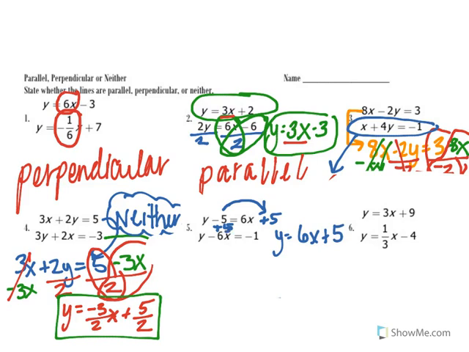And the second equation, all I'm going to do is add 6x. And my equation is going to be y equals 6x minus 1. And then I just compare these two slopes, and since they are the same, this one is going to be parallel.